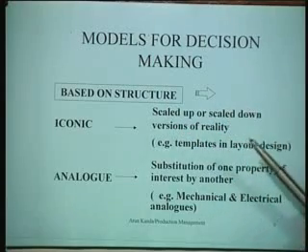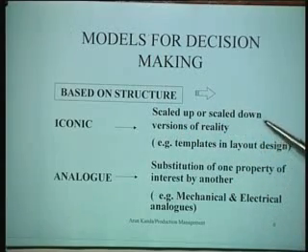What is an iconic model? When we are talking about iconic models, these are actually scaled up or scaled down versions of reality. For instance, a typical globe of the world is an iconic model of the world. True, it has many simplifications, but it performs many useful functions.